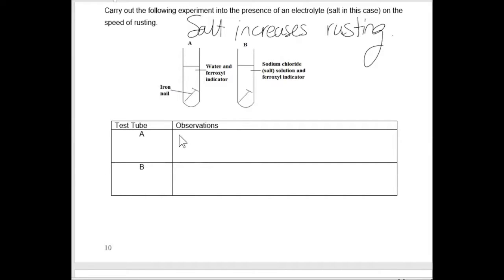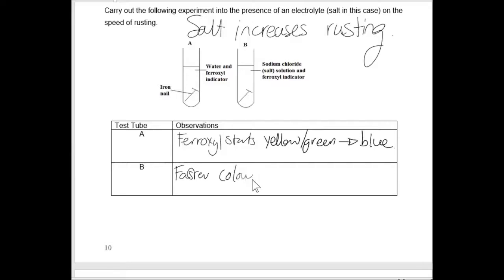So your ferroxyl will start off yellow, actually yellow-green, and it changes to blue. But in this one here, you'll see a faster colour change and more blue, because there is salt added in. And salt increases the speed of rusting.